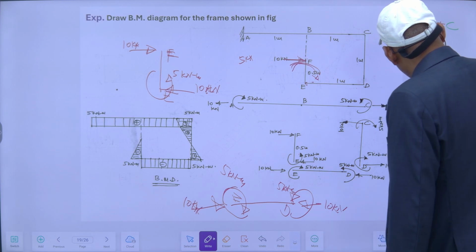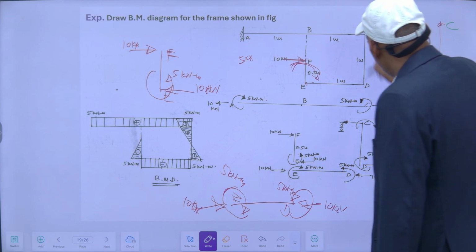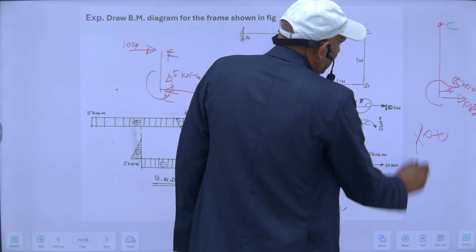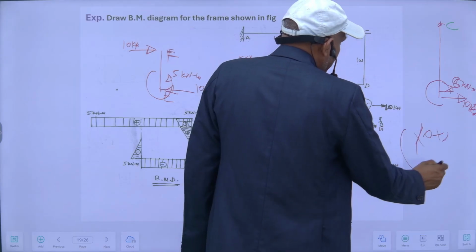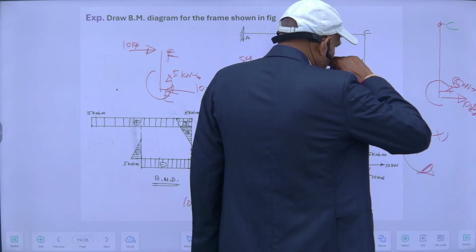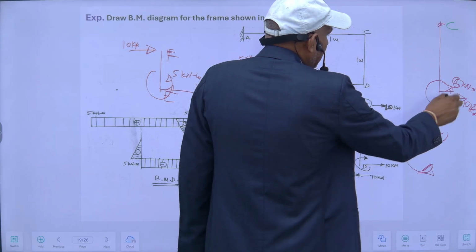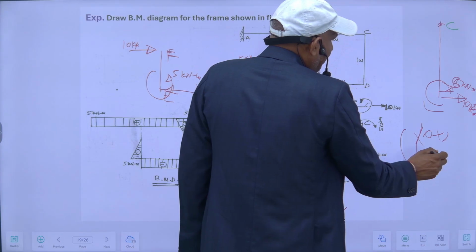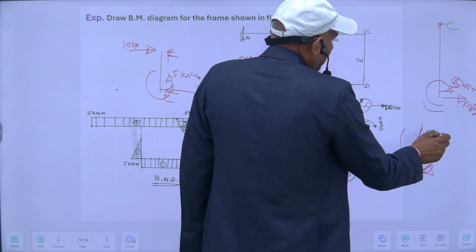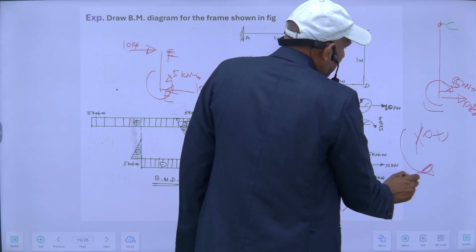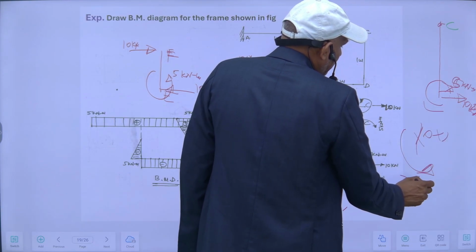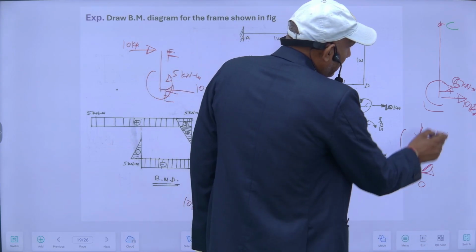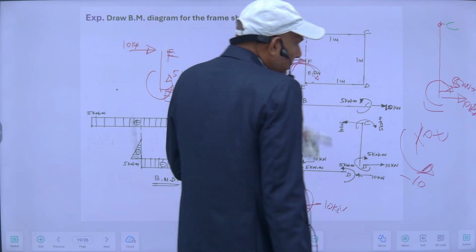hogging 10 into this distance into 1. This 10 into 1 will be in these directions, hogging, and this will be sagging. So suppose this is minus 10 into 1, minus 10 kilonewton, this will be hogging, and this must be sagging.